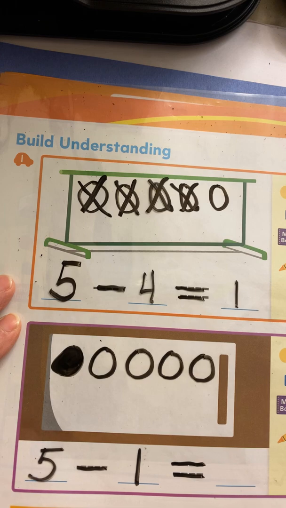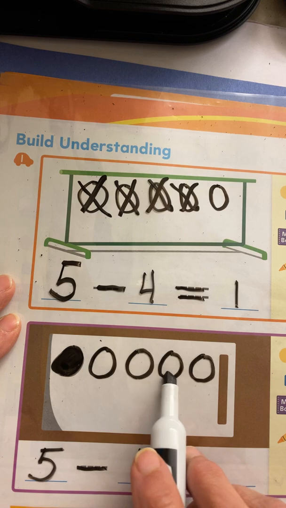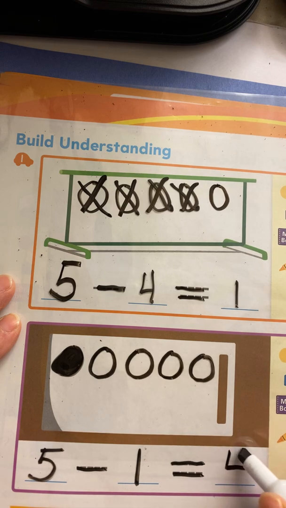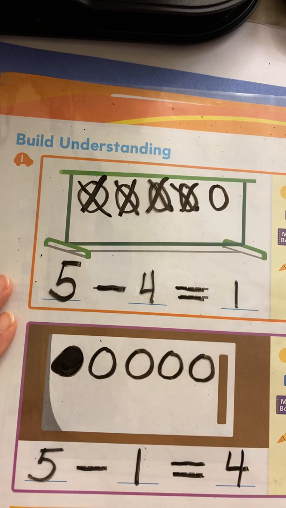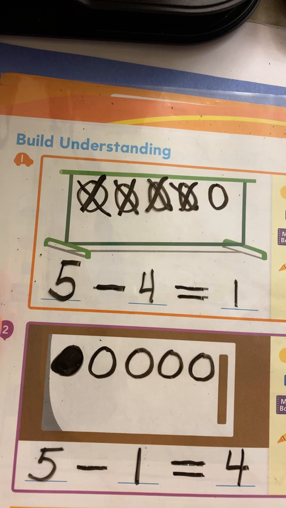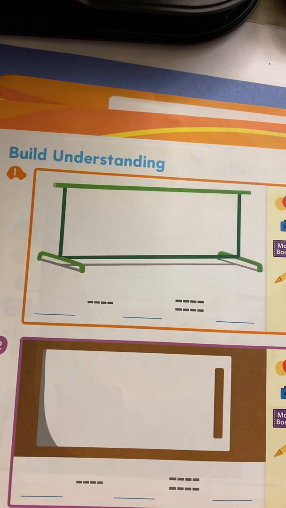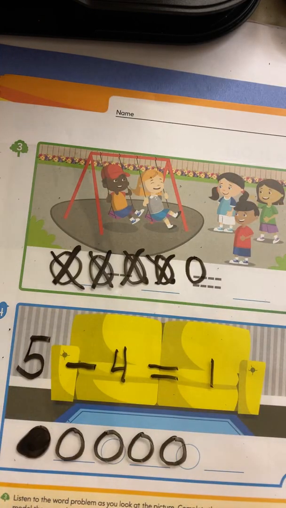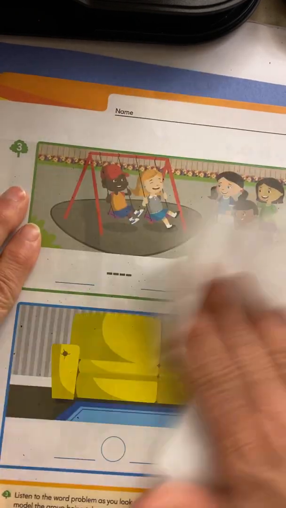So how many are carrots? 1, 2, 3, 4. So 5 minus 1 equals 4. Good job, guys. So let's go ahead and put this page away. And we're going to get out the next page out of our book. Page 159. Go ahead, get it out.